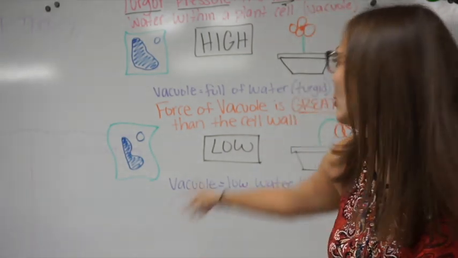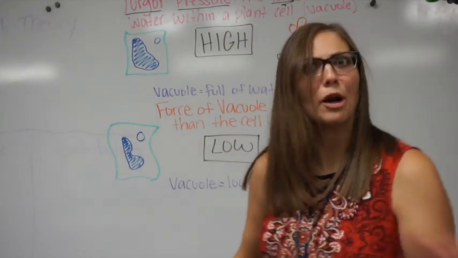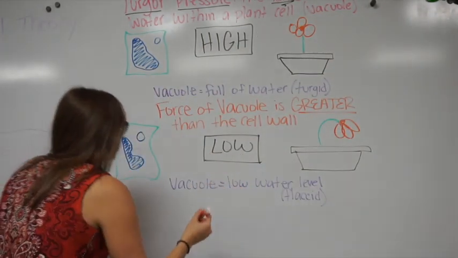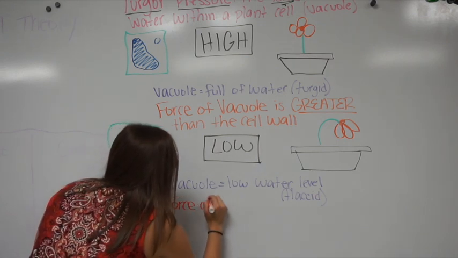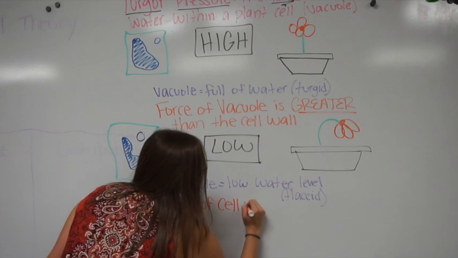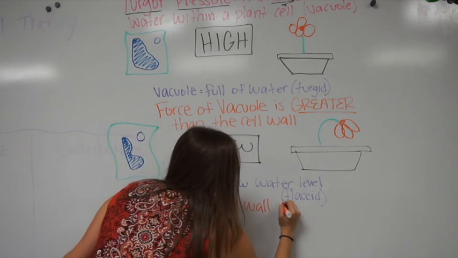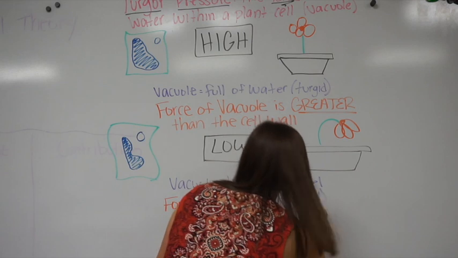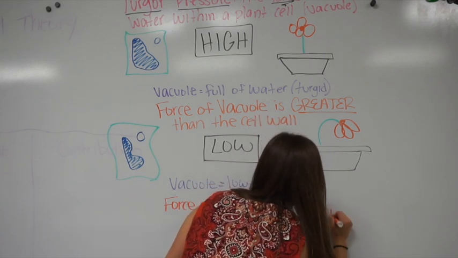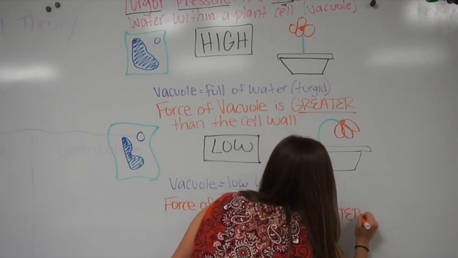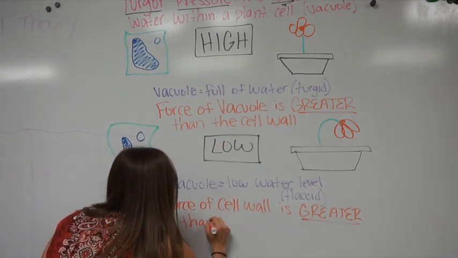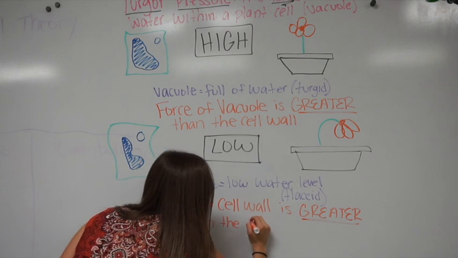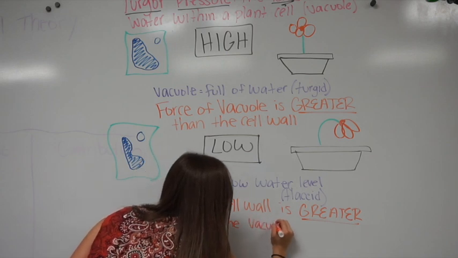So for low turgor pressure, we would say force of cell wall is greater than the vacuole.